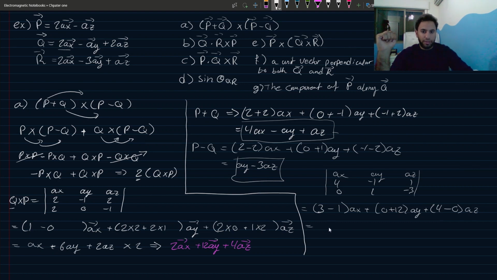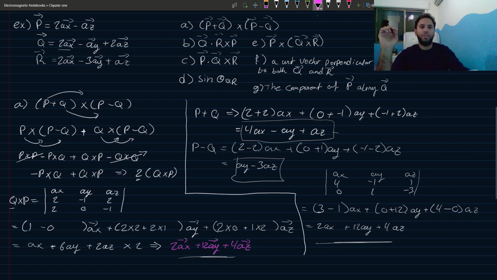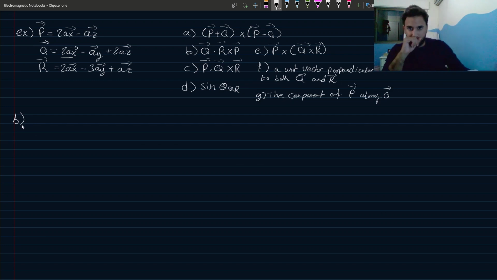And we have 3 minus 1 is 2ax plus 12ay plus 4az, which is exactly the same. And now we can say that both our answers are correct. B, we want to find Q dot R cross P.